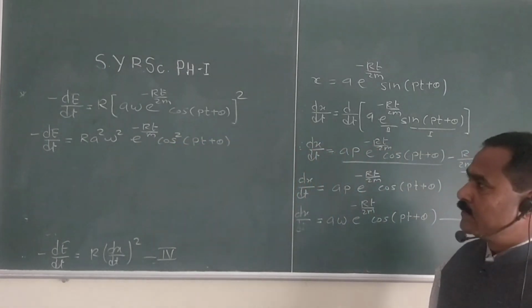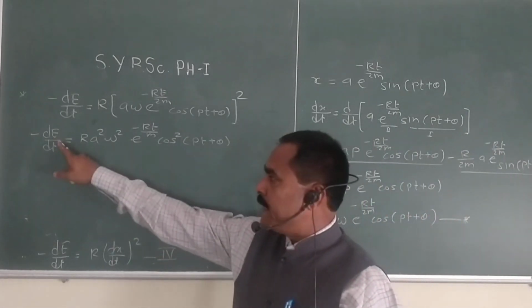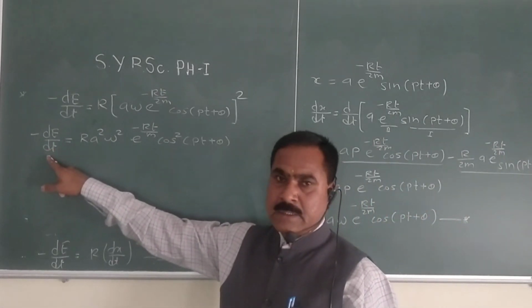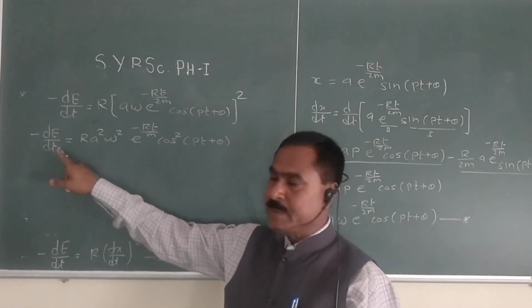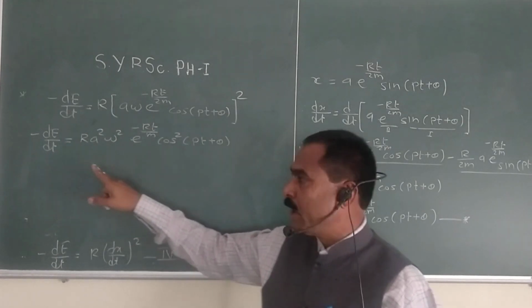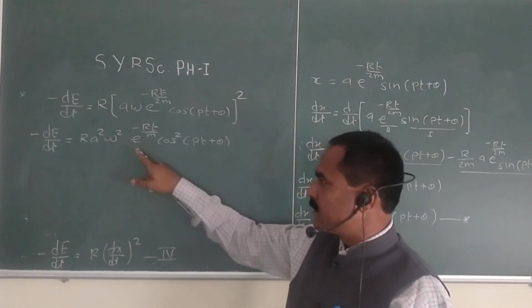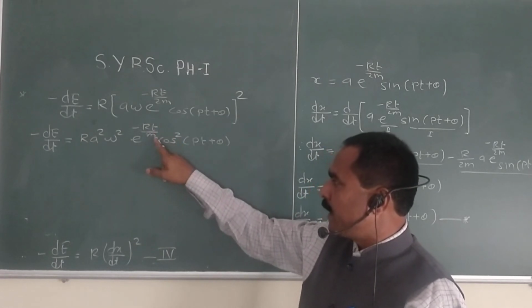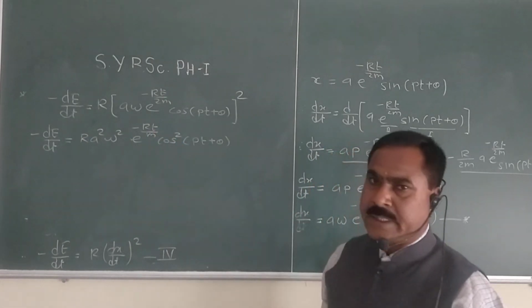So here we have got minus dE by dt, that is the time rate of dissipation of total energy, equal to r a square omega square e raised to minus rt upon m cos square pt plus theta.